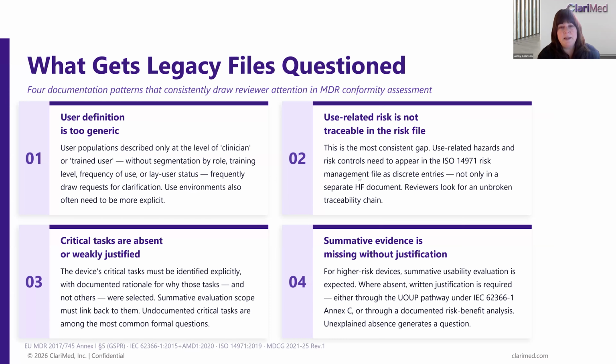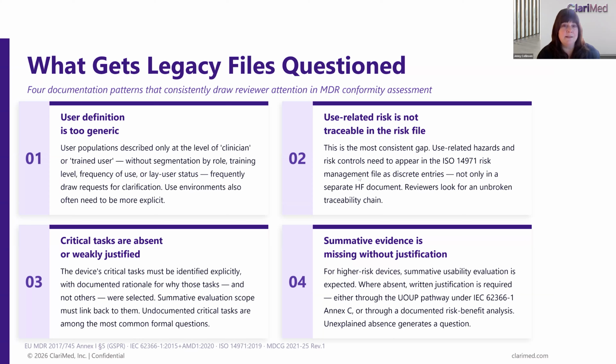And then the final gap is that summative evidence is not present in that usability engineering file and there's no justification. So for higher risk devices, it's usual that a summative study would have been conducted. However, for some of these legacy devices, it wasn't.